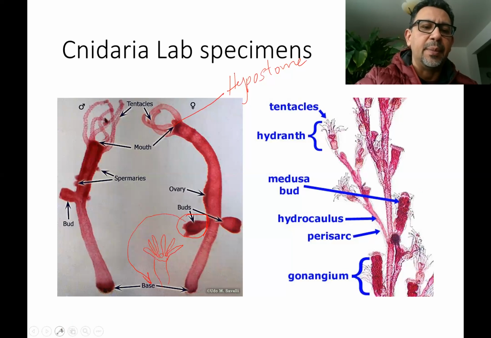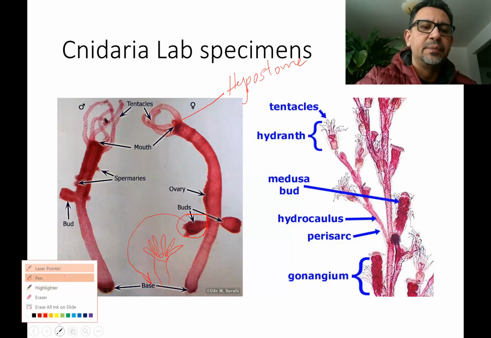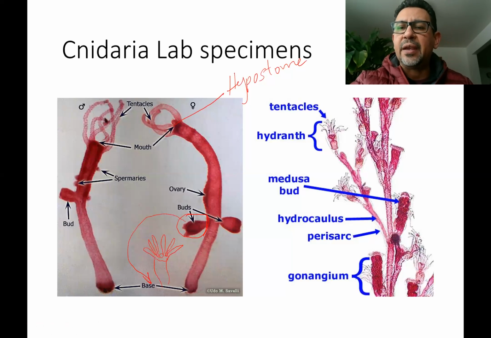Moving back to my pen function. So from in here, these little baby medusae are going to be released. I'm going to make just a few to demonstrate what I'm talking about. So this will be like the bell-shaped bodies with the little tiny tentacles. These little medusae are going to be produced by the gonangium.